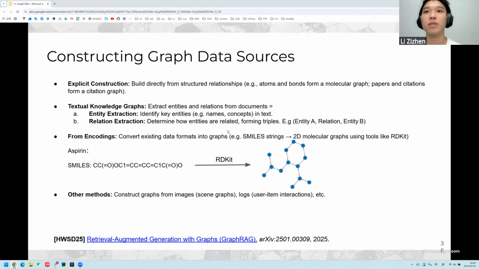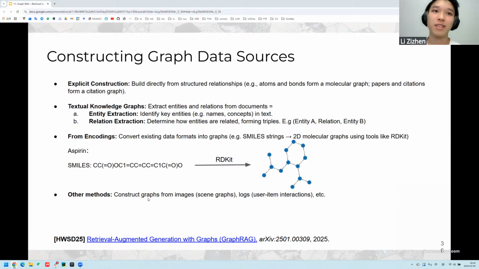For example, in the medical domain, for the molecular representation of aspirin, you can convert the one-dimensional SMILES string using the RDKit library and turn it into a graph.